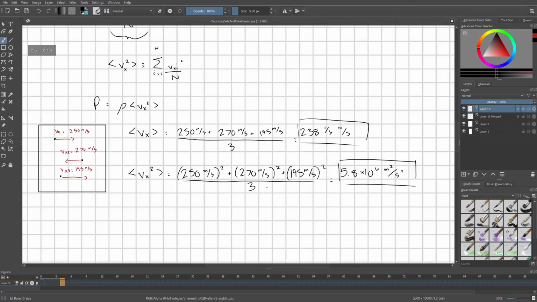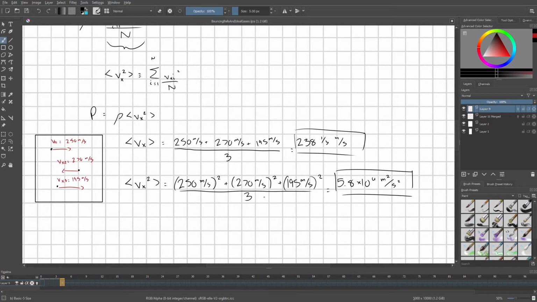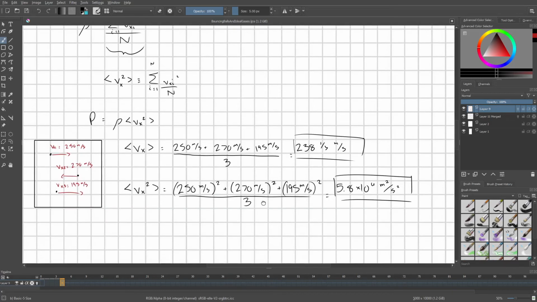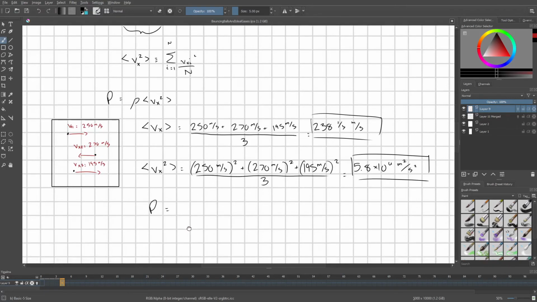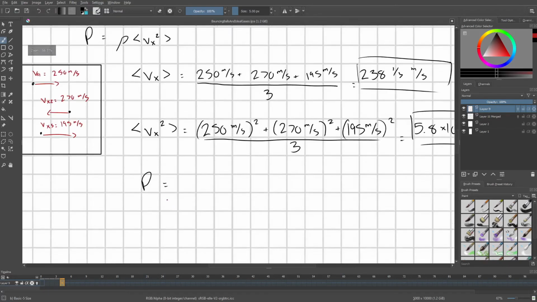But I think another thing to consider for clarity would be to make sure that our units check out. So let's go ahead and check that out. We're hoping to get a pressure, and we have a density, which has units of kilograms per meter cubed, right?